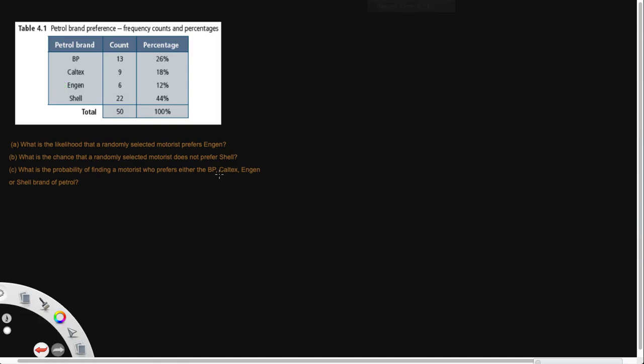Alright, for our question B, they're asking what is the chance that a randomly selected motorist does not prefer Shell.